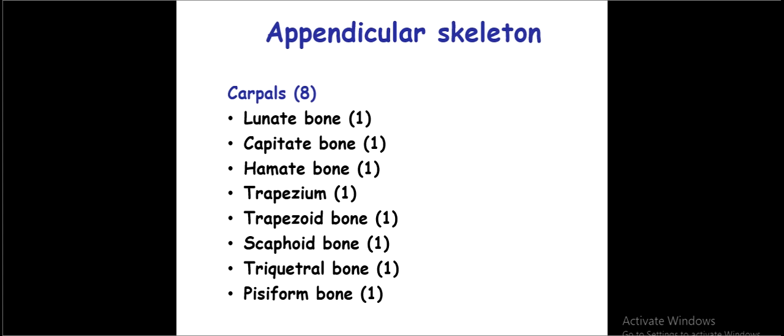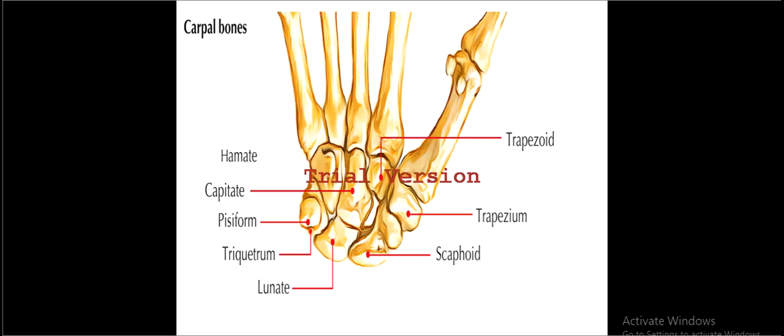So the total number of bones in the carpals is 8. Here you can see the diagram of the carpal bones: hamate, capitate, pisiform, triquetrum, lunate, scaphoid, trapezium, trapezoid.